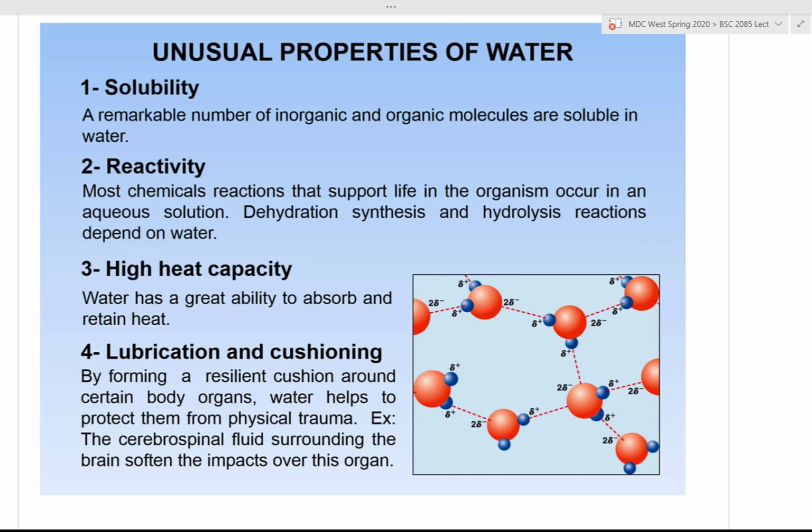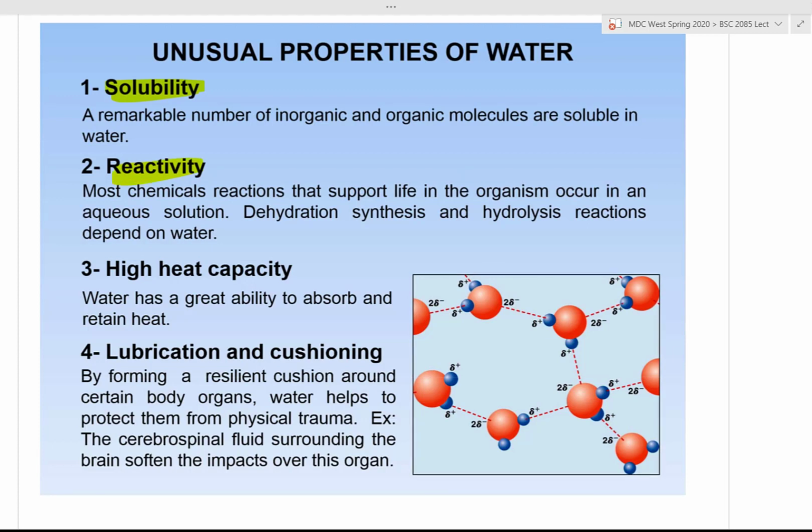So what are the properties of water? You have solubility, because it allows you to make things soluble. If it flows like water and behaves like water, it most likely has a lot of reactivity. Why reactivity?